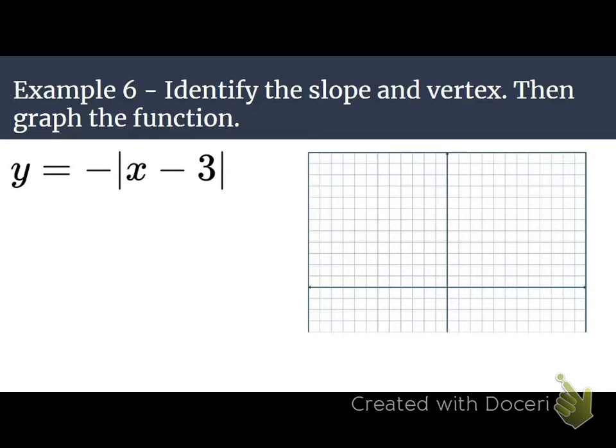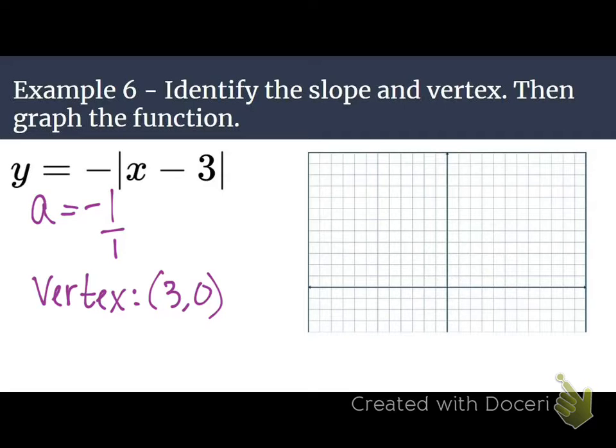All right, what did we write as our slope? Slope is -1. What would it be right here? -1 over 1 if you want to put it over a 1. What about our vertex? 3, 0. Good. 3, 0. How do I get to that point? Right 3. Stop. Right 3 is the point 3, 0.